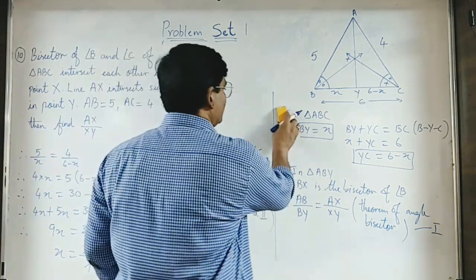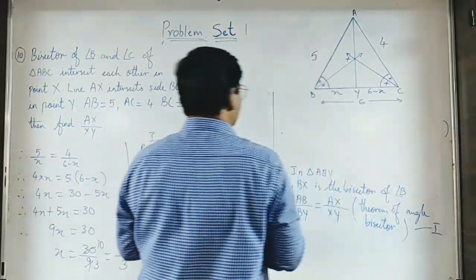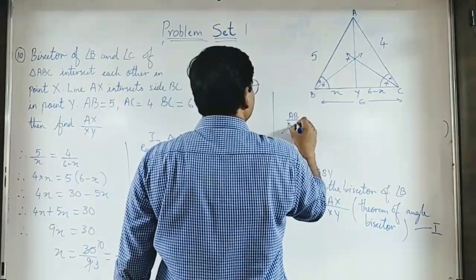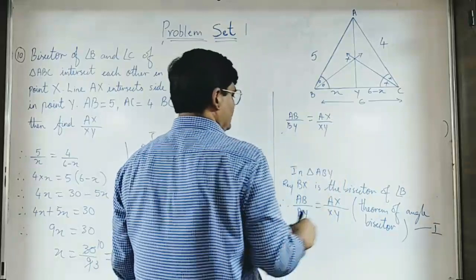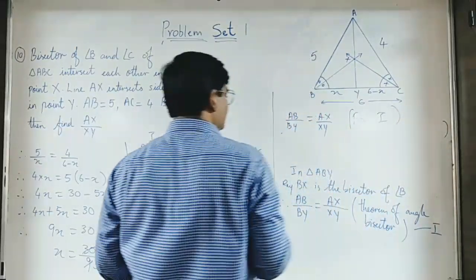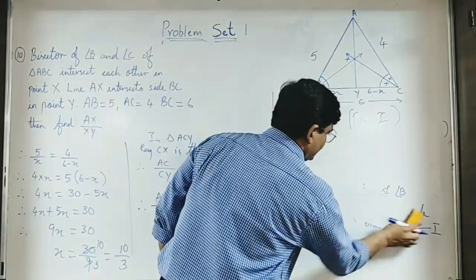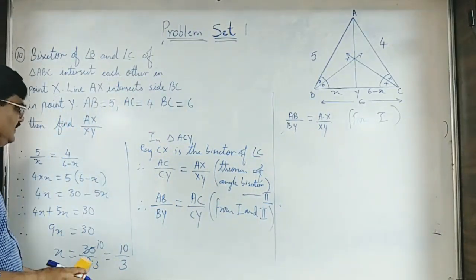So I will do one thing over there. I will take this ratio again, that is AB upon BY is equal to AX upon XY, from statement 1. This ratio we had already got earlier, so I took that ratio again, because I want the value of AX upon XY and we got only the value of x.